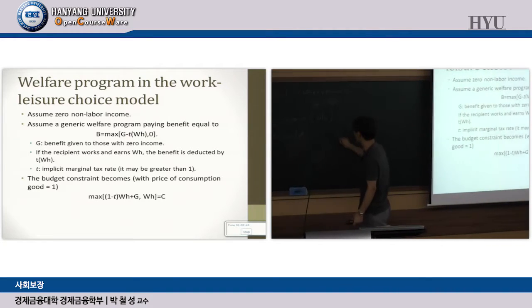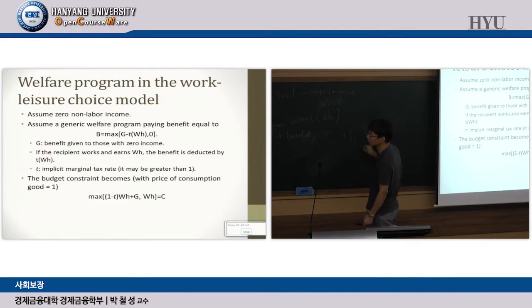G plus (1 minus T) W. It's not exactly the equation for the budget. This is the equation for the income. Okay? And then as you can see, as you work, your income goes up by (1 minus T) times W. We call this the effective wage rate.